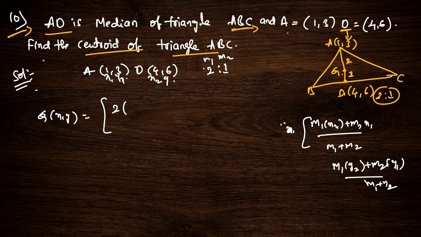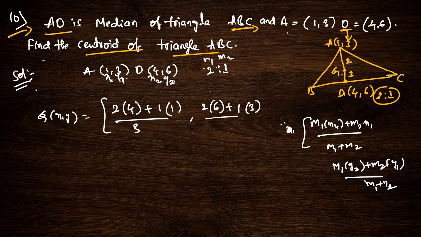So m1 x2 is 2 into 4, plus m2 x1 is 1 into 1, divided by m1 + m2, which is 3, and comma. For y: m1 y2 is 2 into 6, plus m2 y1 is 1 into 3, divided by 3.